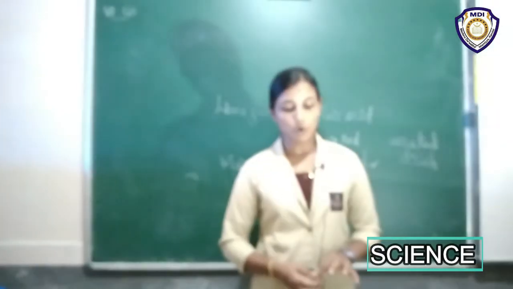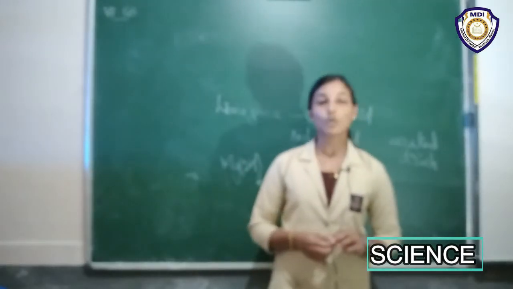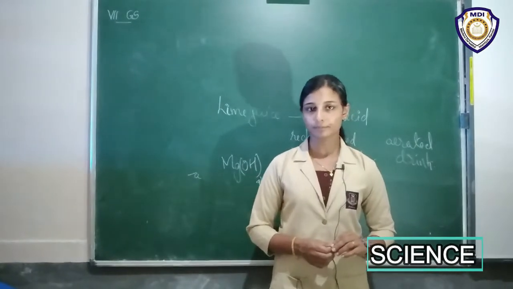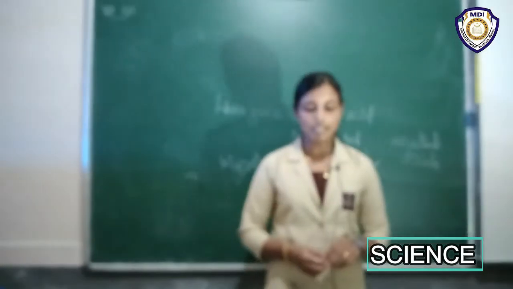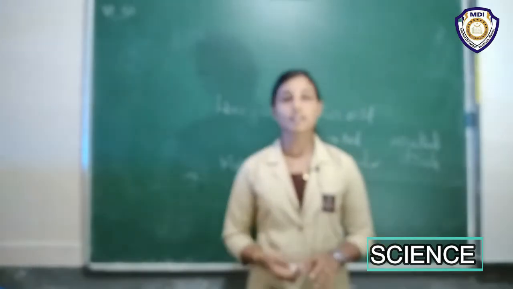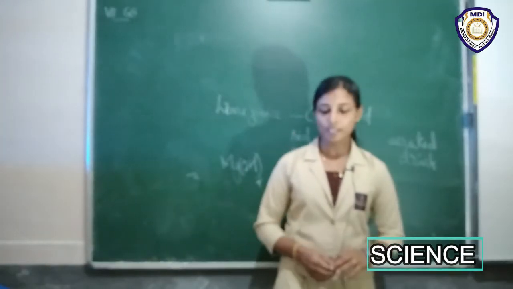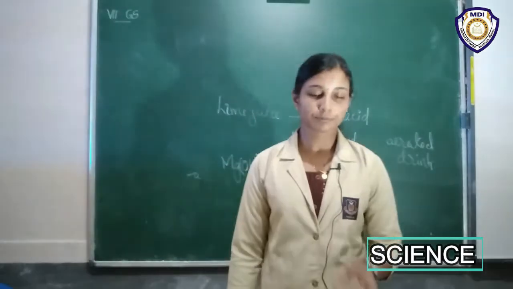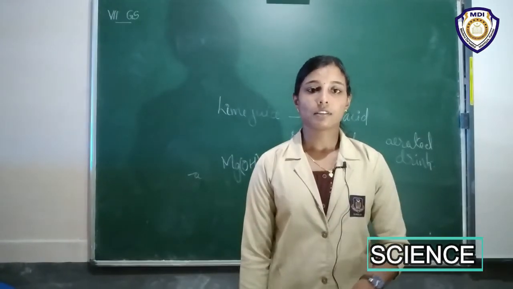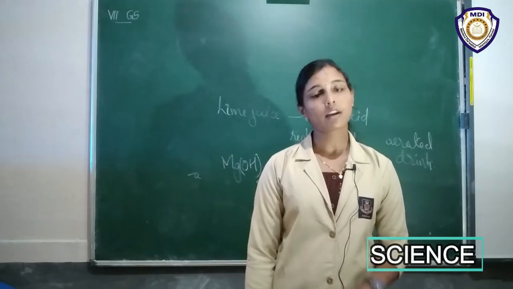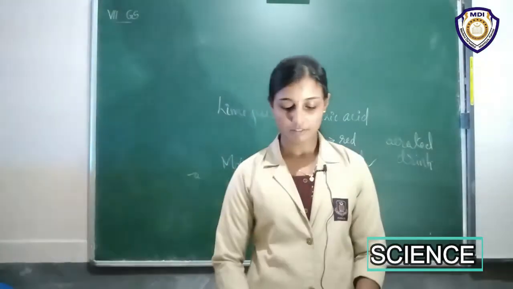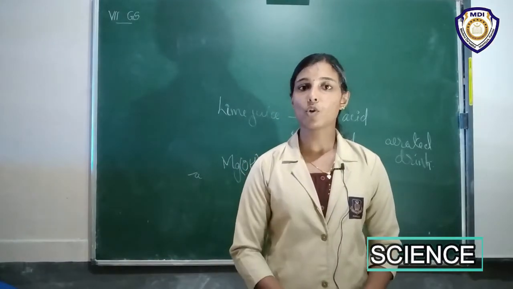The solutions which do not change the color of either red or blue litmus paper are known as neutral solutions. These substances are neither acidic nor basic. So that is the experiment done using litmus paper. You should write table 5.2 in your notebook.